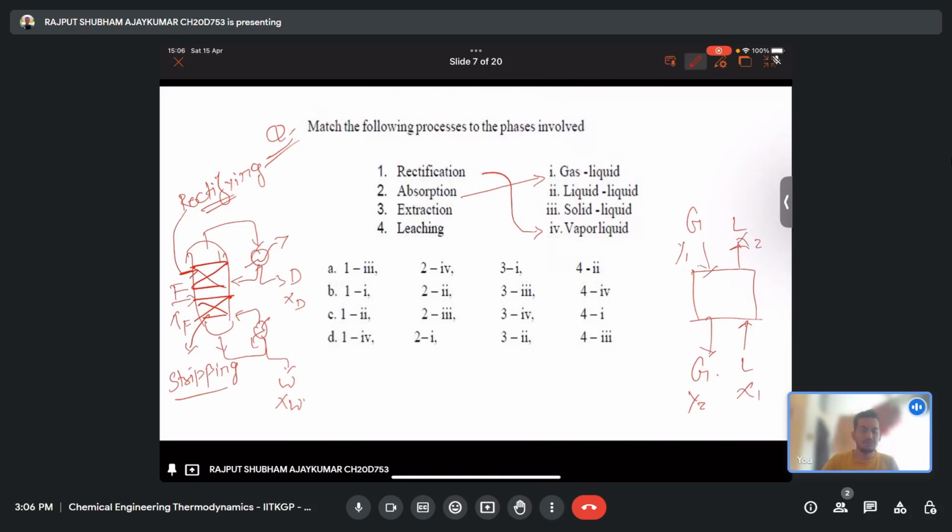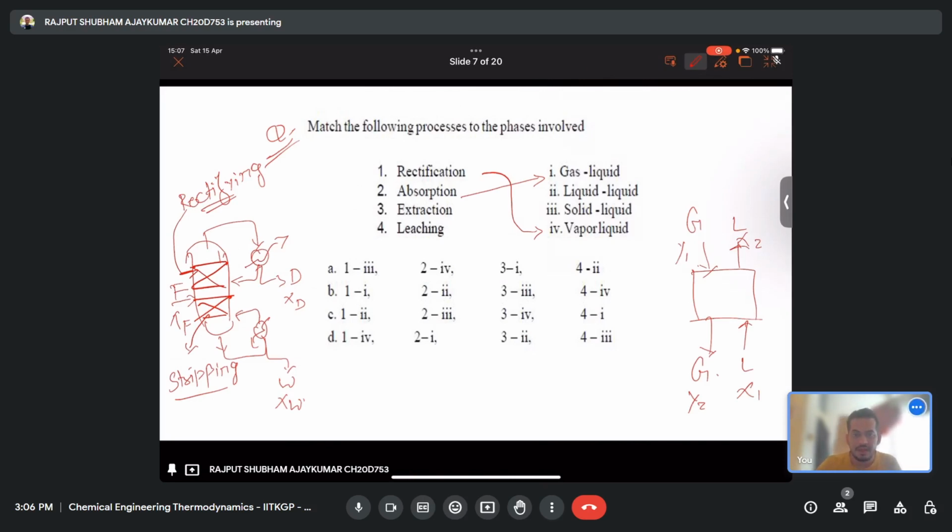So this is the countercurrent mode, and absorption is related to the absorption of a particular gas component using a solvent. The solvent will be a pure solvent, and we will use it in the countercurrent mode. There are different types of absorption towers in which the gas and the liquid flow in countercurrent or co-current mode. Countercurrent is like this kind, in opposite directions, and co-current is in the same direction.